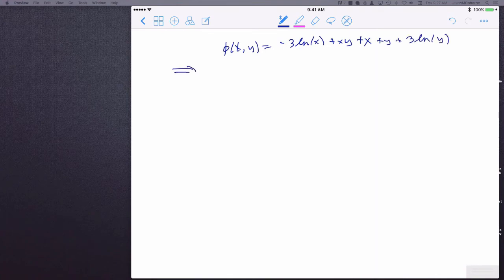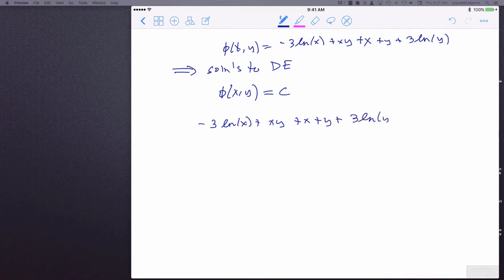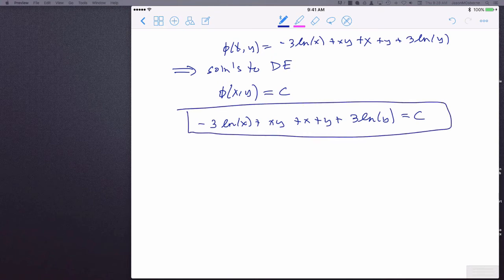So then your solutions to the differential equation that we had written down were phi of x comma y equal to a constant, for any constant c. So minus 3 logarithm of x plus xy plus x plus y minus 3 logarithm of y equal to a constant. And so this would be your general solution.